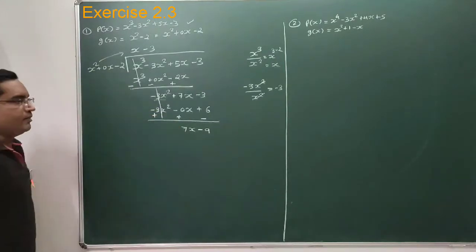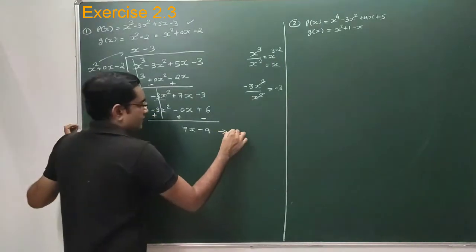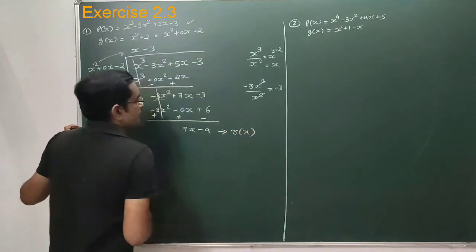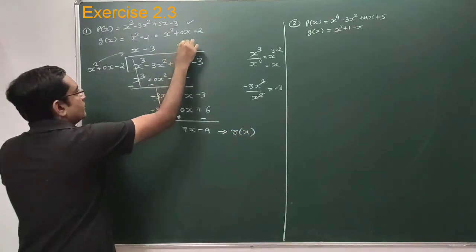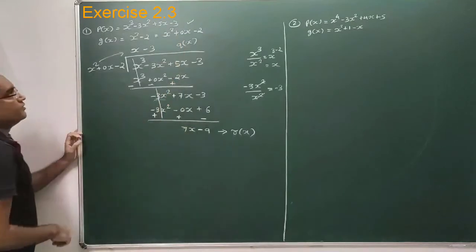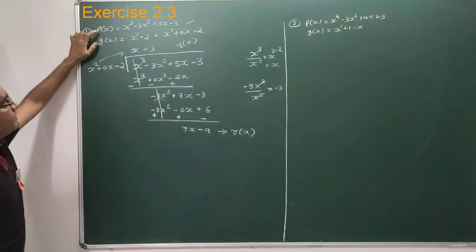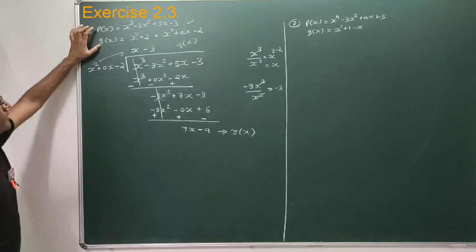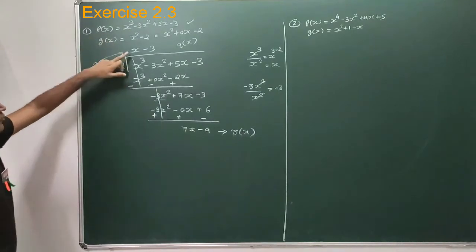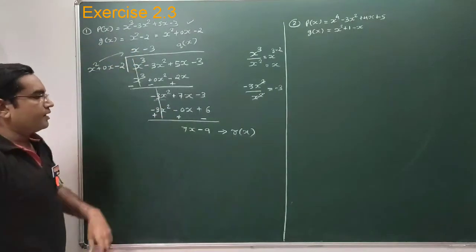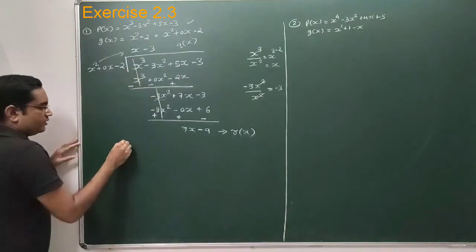So this is our remainder, which is represented by r of x, and this is our quotient, which is represented by q of x. P of x and g of x, the dividend and divisor polynomials, are given. After long division, we are getting the quotient polynomial and the remainder polynomial. So what is our quotient?